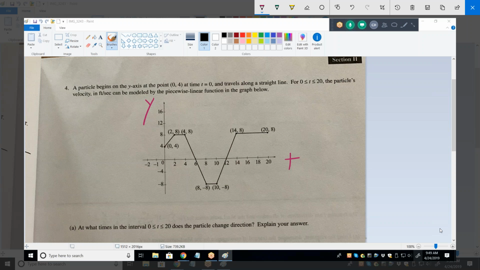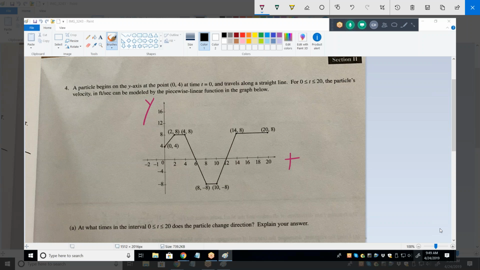And then the speed stays the same. Since it's asking what times in the interval does a particle change direction, that would just be when the velocity, since this is the velocity graph, is changing sign. I agree.